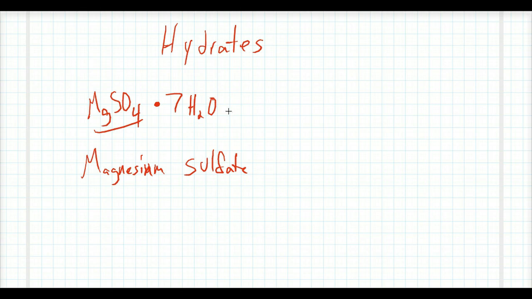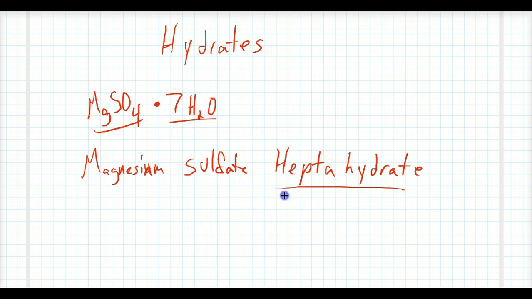And then you have to handle the hydrate end. Because it's 7, we say hepta hydrate. Okay, so we'll do 2 underlines for this portion. So my waters are indicated with it being a hydrate, and hepta indicating the number 7.